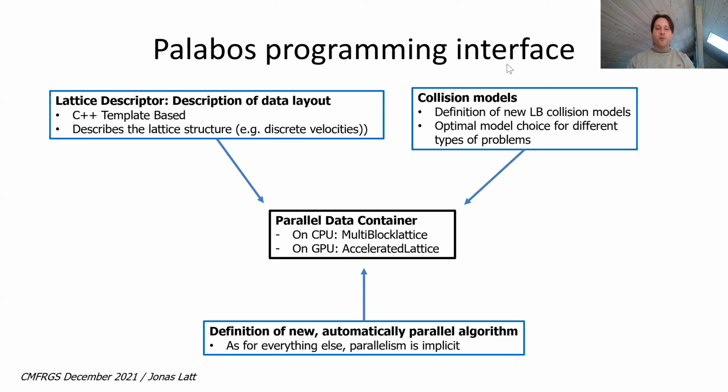That's a general framework to write parallel algorithms adapted for your data container. And when you do this, it is completely agnostic of the hardware. So no matter if you are using CPU or GPU, you write your algorithm and it is parallelized automatically by your data container. So what you have in Palabos is, of course, a collection of models which exist, but also a platform to develop your own models in parallel.